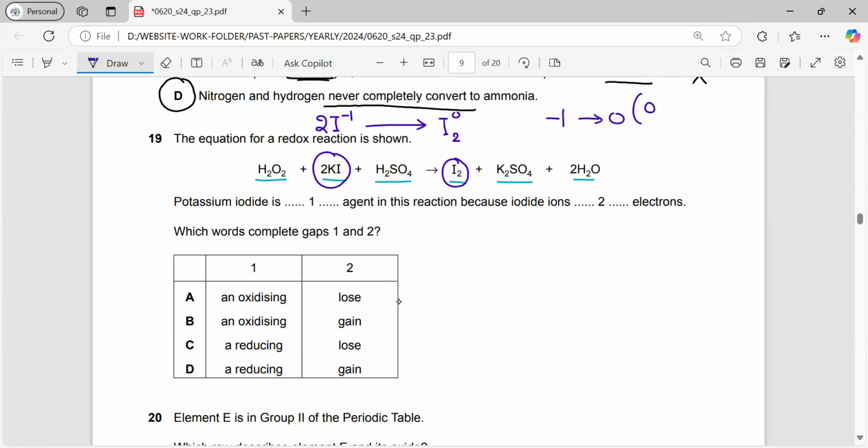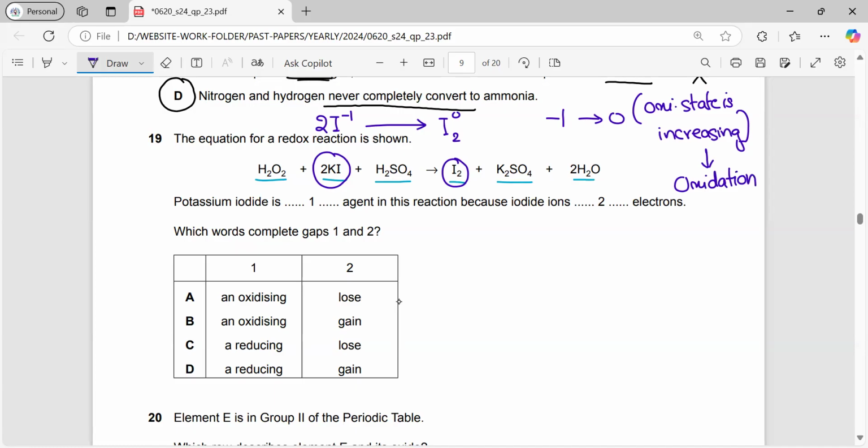Here the oxidation state is decreasing. From -1 to 0, okay, it's not decreasing. From -1 to 0, the oxidation state is increasing. And when the oxidation number increases, this is oxidation. Means the iodide ion is getting oxidized.